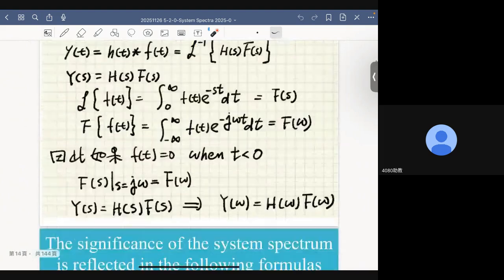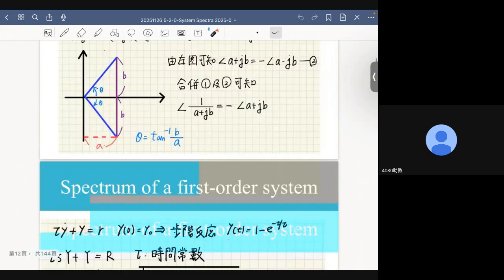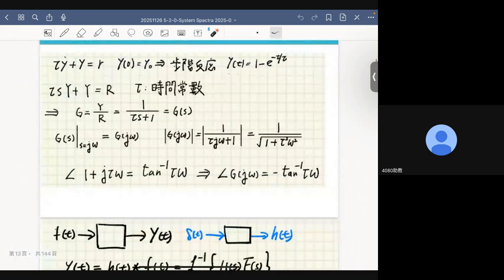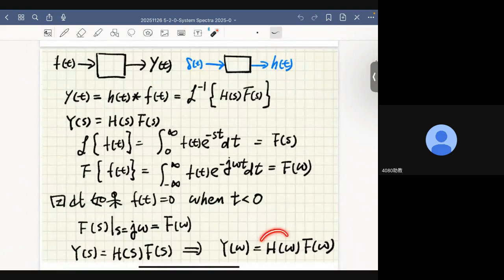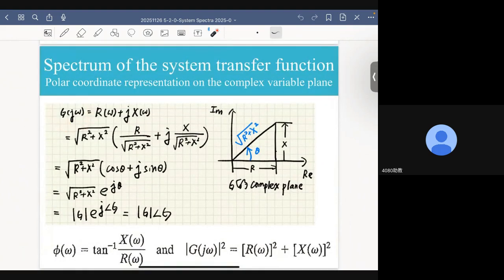So here, the transfer function is very important. I apologize, in this page the transfer function is denoted by H, but in this particular slide, we assume G to be the transfer function. As a transfer function in the frequency domain, it is actually a complex number.